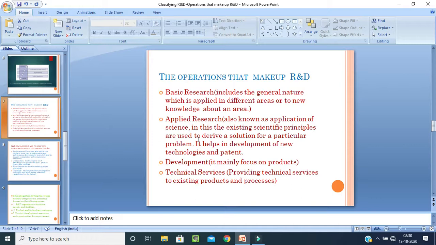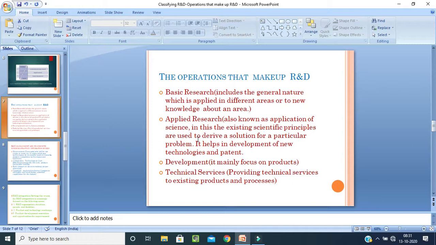As I told you, applied research is also known as the application of science. In this research, existing scientific principles are used to derive a solution for a particular problem. They identify the problems, and depending on that they find the solution. It helps in the development of new technologies and patents.